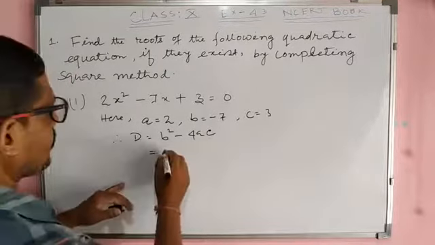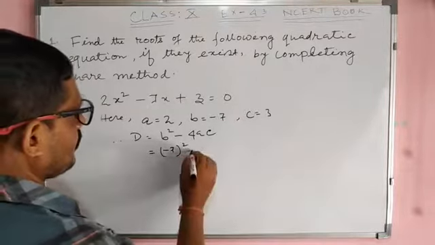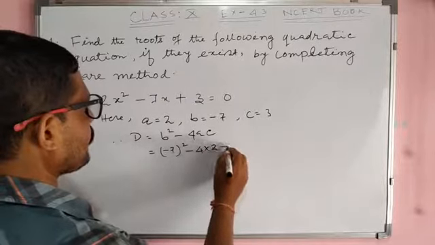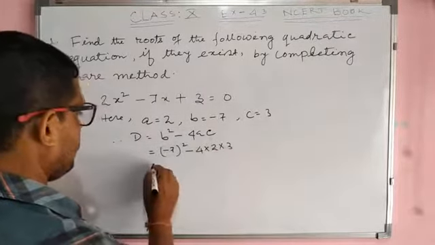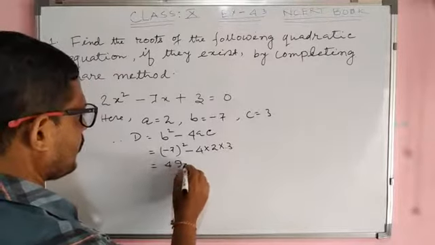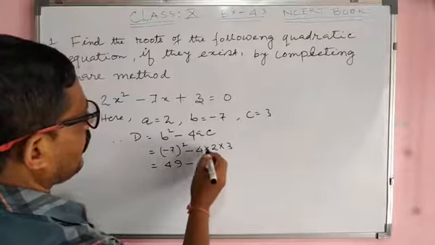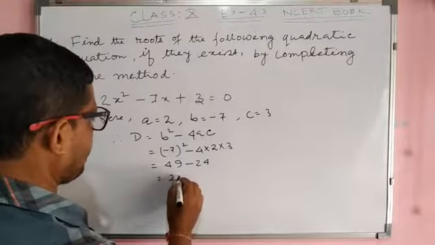So b means minus 7 whole square, minus 4, a means 2, c means 3. So it will be 49 minus 12 into 4, 24.